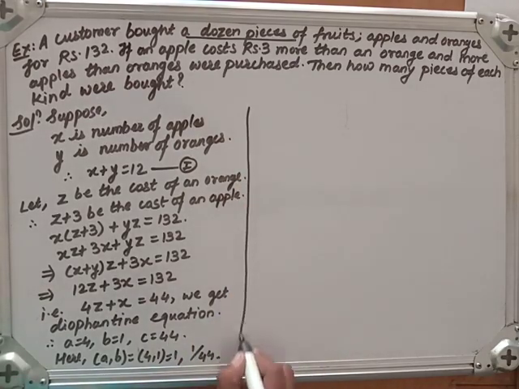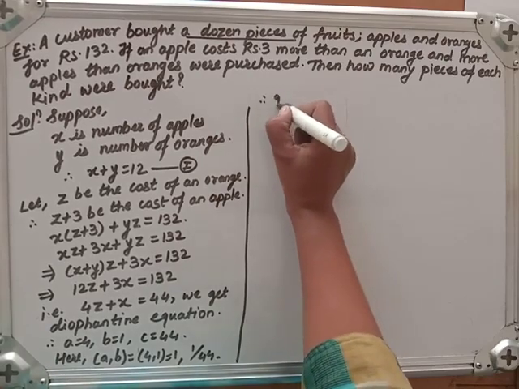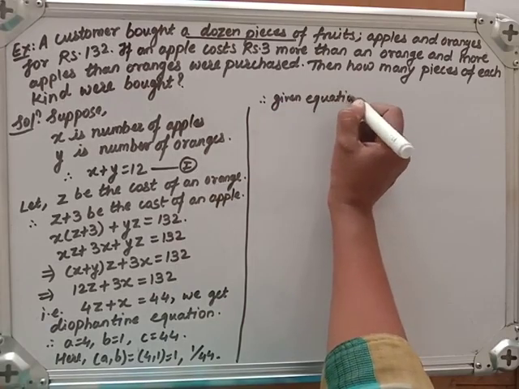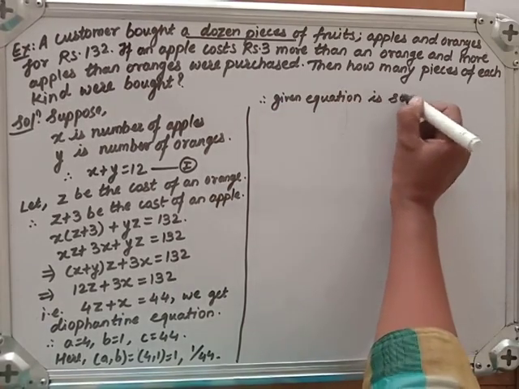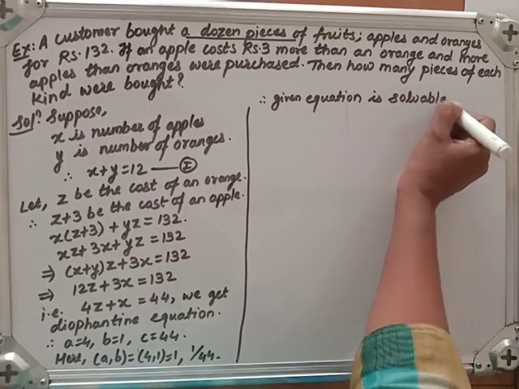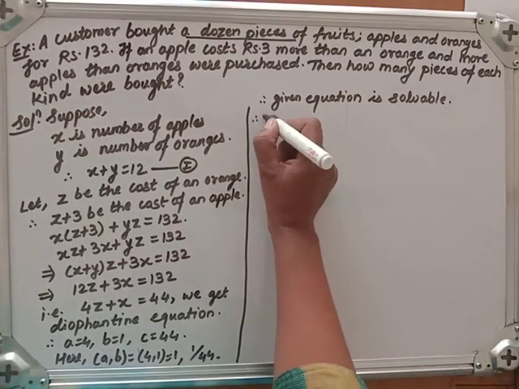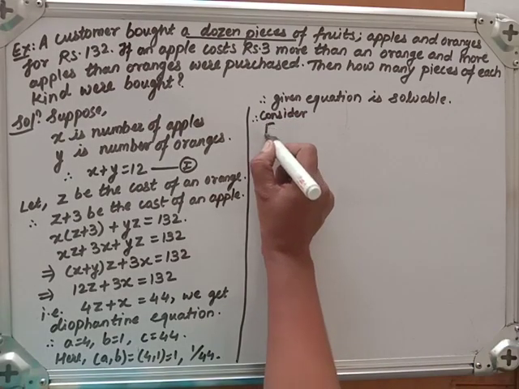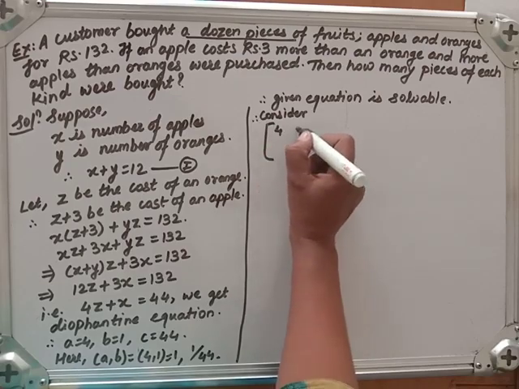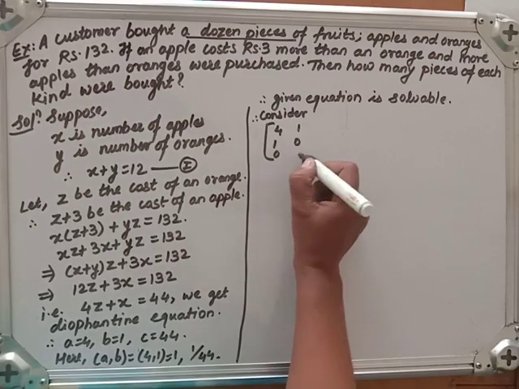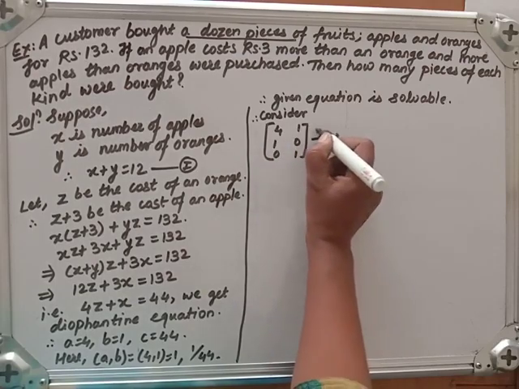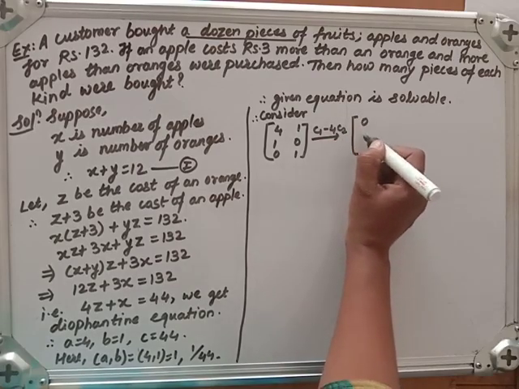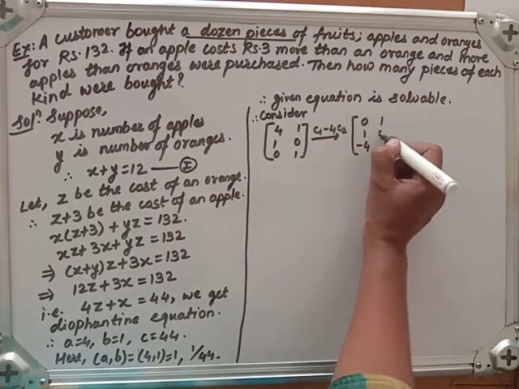Therefore, the given equation is solvable. Consider the matrix 4 1 1 0 0 1. Then C1 minus 4C2 will give us 0 1, minus 4 1, 0 1.